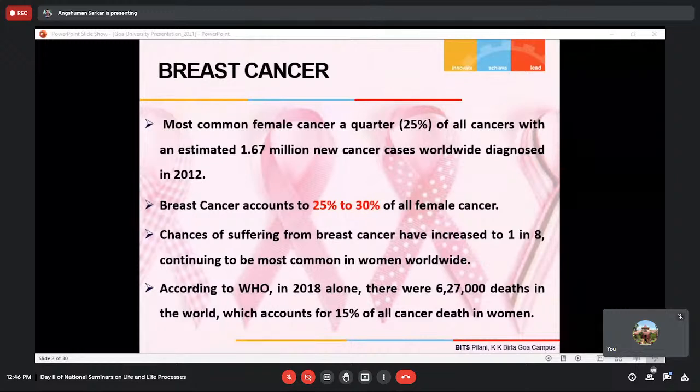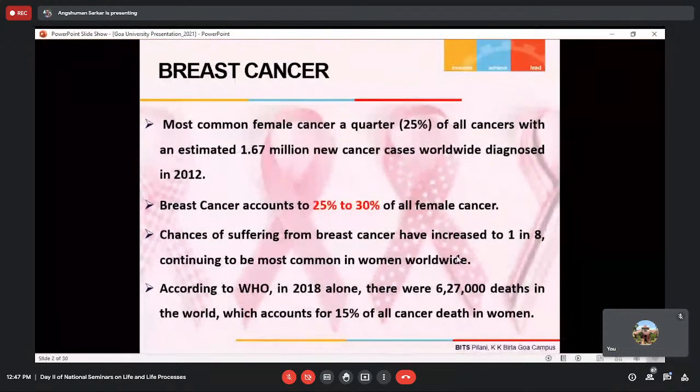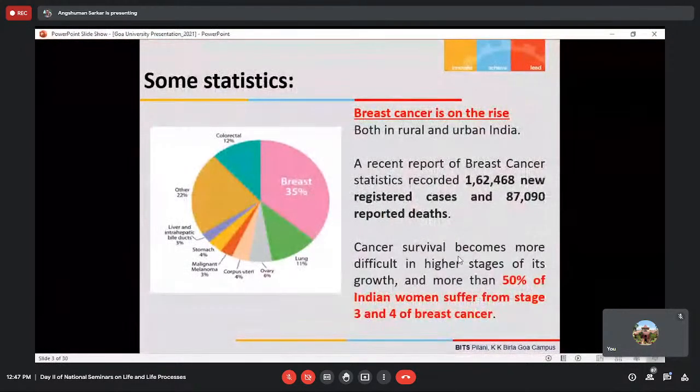According to WHO, in 2018 alone, there were 6.27 lakh deaths worldwide, which accounts for almost 15% of cancer deaths in women. And the issue is that breast cancer is also on the rise in India.